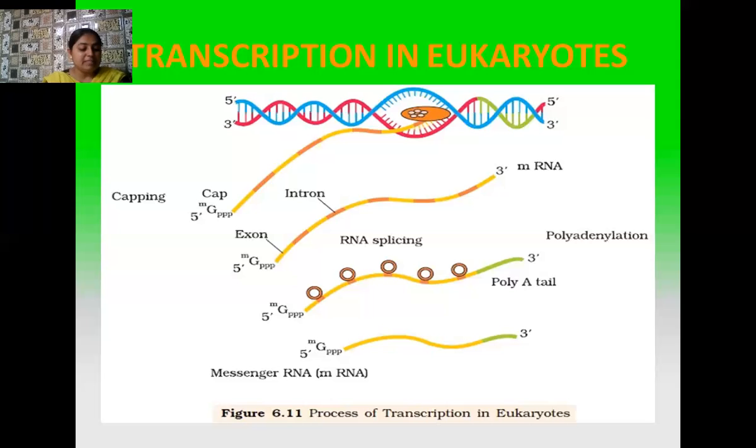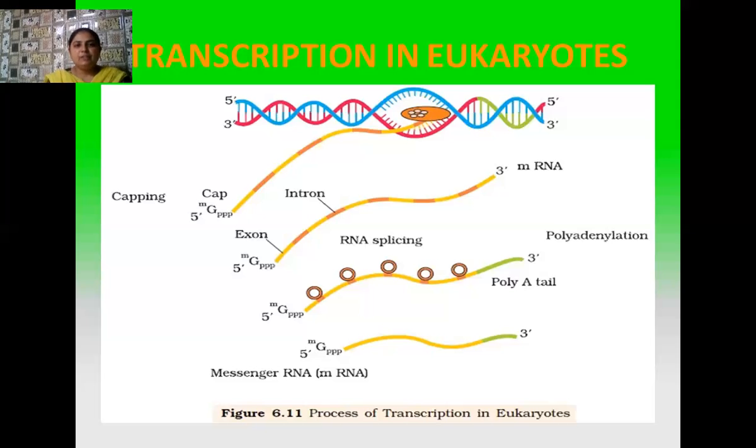The third type of RNA polymerase enzyme, RNA polymerase 3, is involved in the transcription of number 1, transfer RNA, number 2, small ribosomal RNAs, and number 3, small nuclear RNAs. Small ribosomal RNAs are known as srRNAs, and small nuclear RNAs are known as snRNAs.